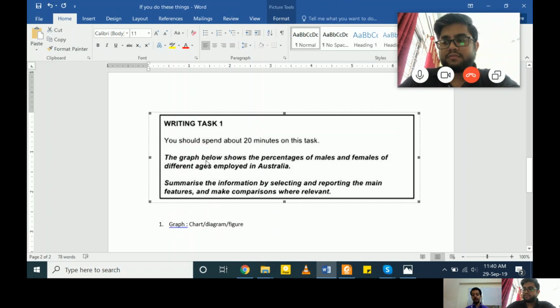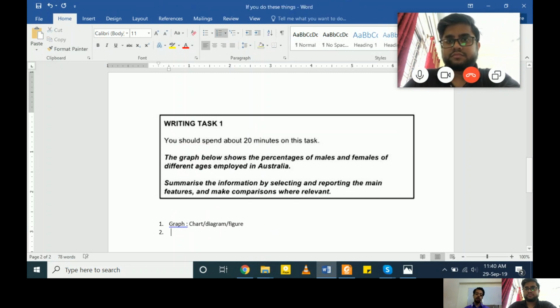Right, and moving towards our next word here, the graph below shows. What should you write instead of shows? Illustrates. Absolutely. The first one here is illustrates. Second, depicts.